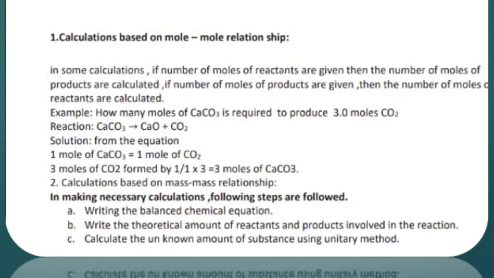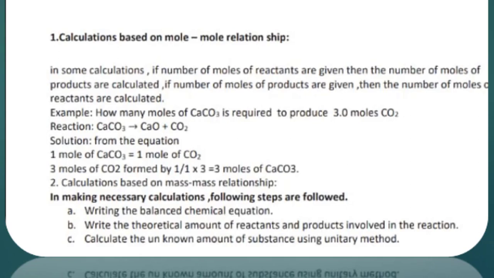Okay, so let's see. In some calculations, if number of moles of reactants are given, then number of moles of products are calculated. If number of moles of products are given, then number of moles of reactants are calculated. Okay children, number of moles we already discussed.